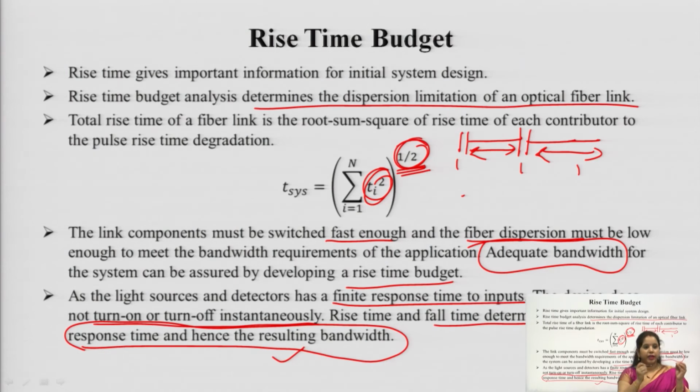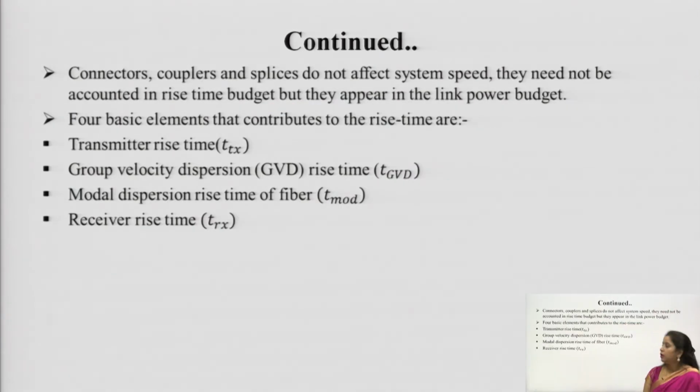So, whenever you are asked to write notes on the rise time budget analysis, you should also write about the importance, the significance of this, that is for determining the response time and the bandwidth of the system.